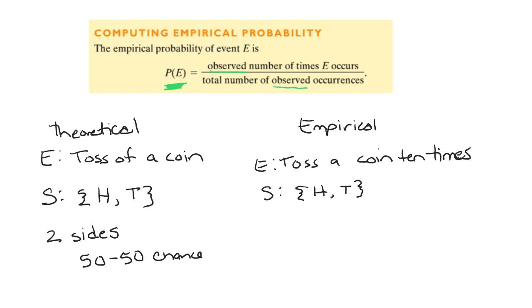So that is the difference: theoretical is that it actually is two-sided 50-50. Empirical was going to tell us our probability is recording the observations and finding out exactly what is the probability. So we are limited to how many observations we record.